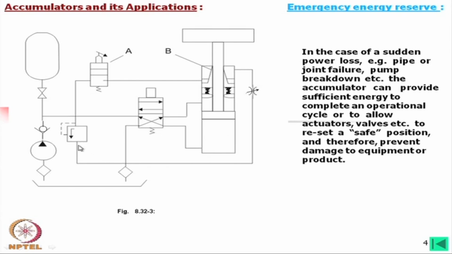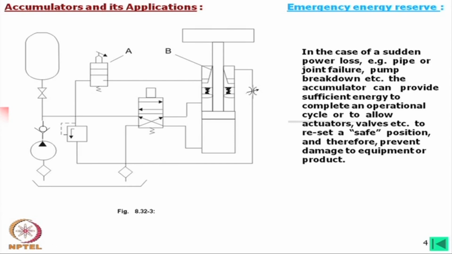And then in the return line, say this is the head side return line, it can go to the tank again through this junction point, or else the oil coming over here can flow through this flow control valve and it also can go to the tank.